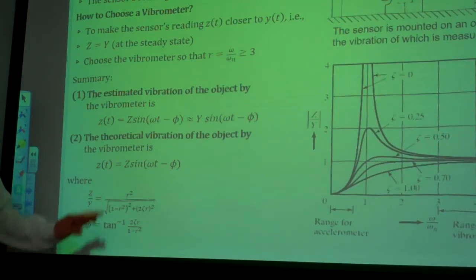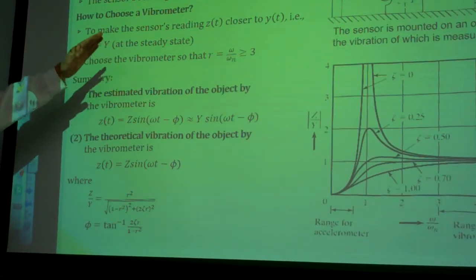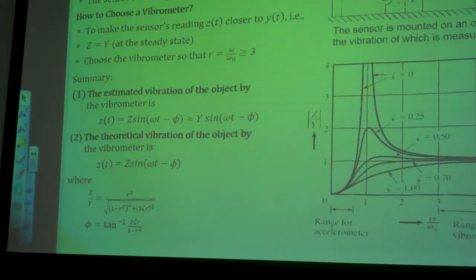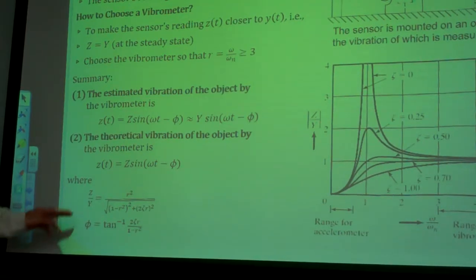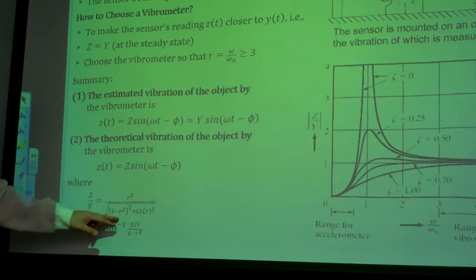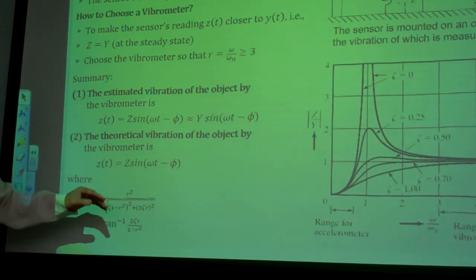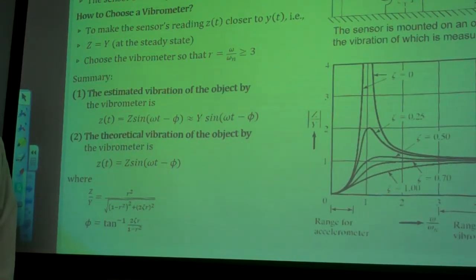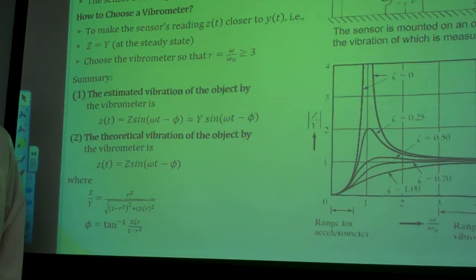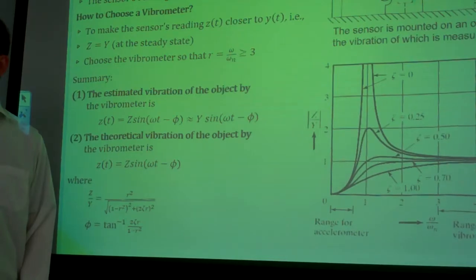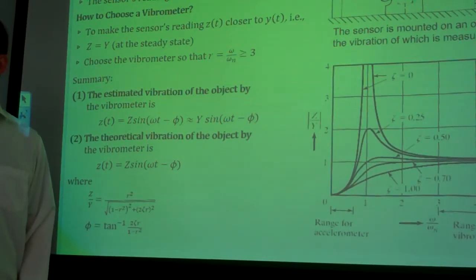So the majority of the discussion on vibrometer design and pickup really focuses on how close this number is to 1. That means the difference is what we call relative error. And in the homework exercise, I precisely define the relative error or error percentage.